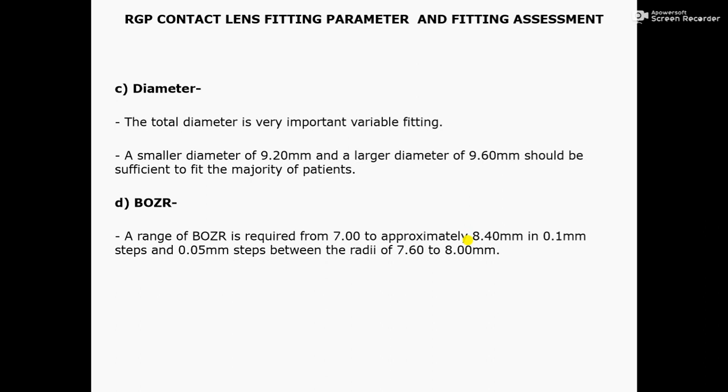Generally, the back optic zone radius is fitted to give some apical clearance, and this was often done by adding 25 to 30% of the corneal astigmatism to the flattest K, a procedure which has unfortunately persisted into alignment fitting, where it is inappropriate.